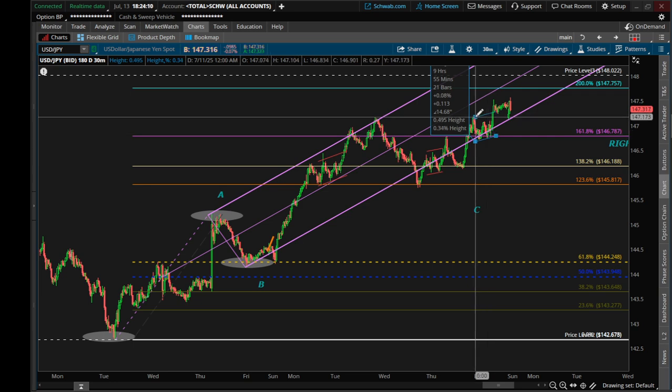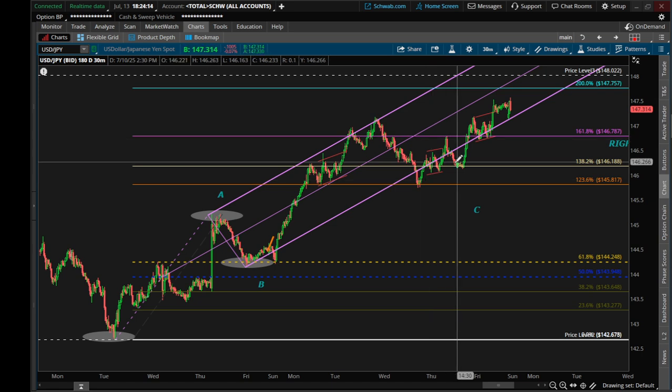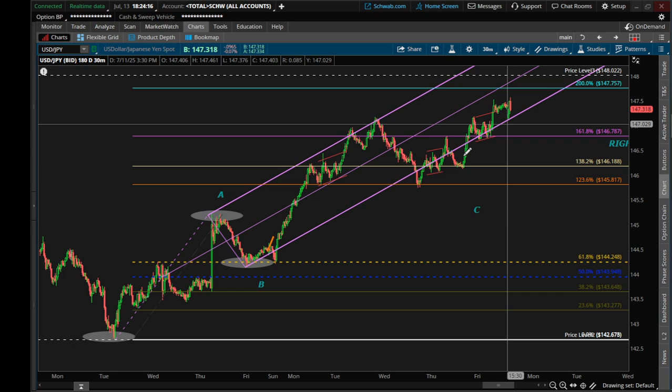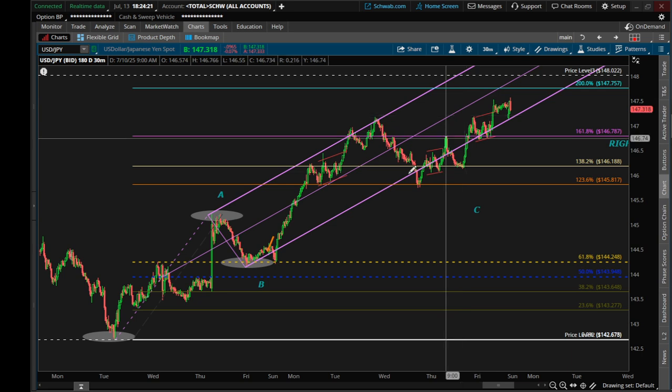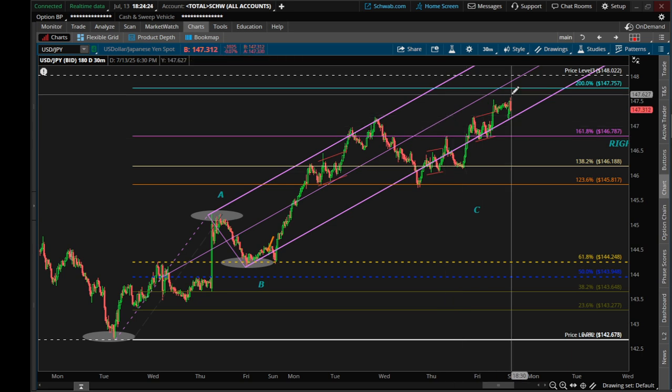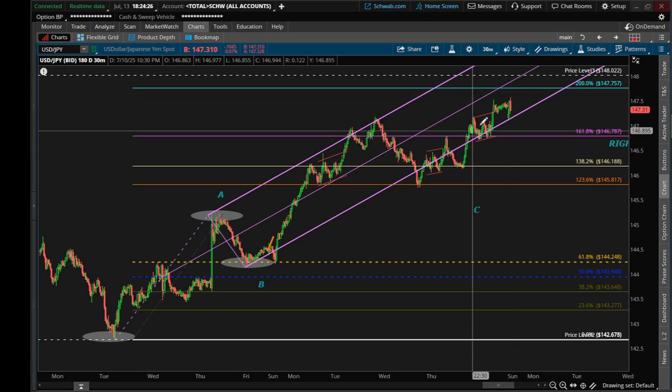Okay, so this might be an A, B, and then maybe some kind of extension, right? So you can get an A, B, C here, and then another. This whole thing makes up an A, B, and a C. Hopefully you can see the consolidations. We can go back and label it later if we need to.